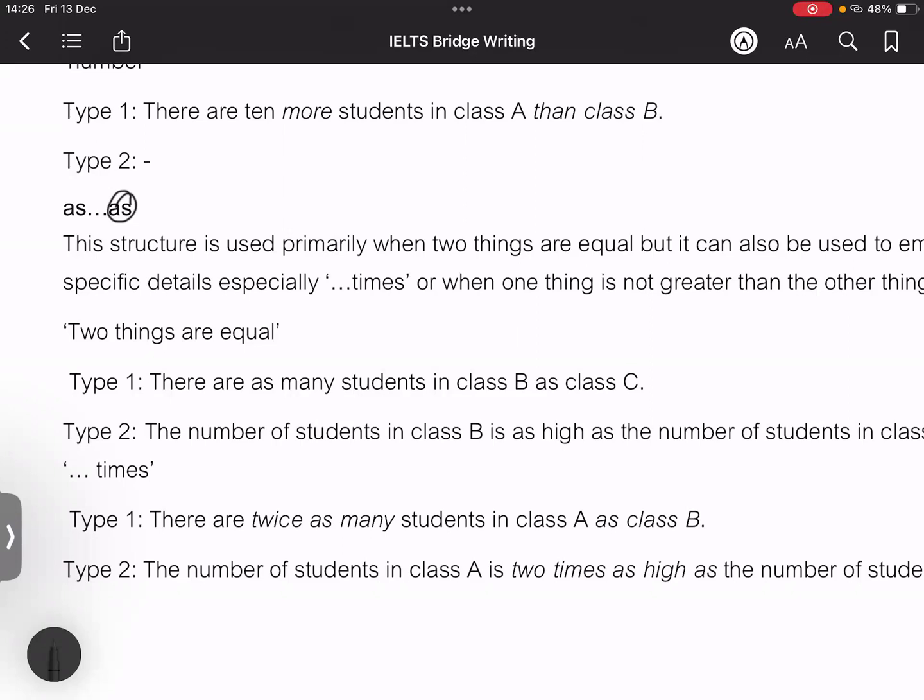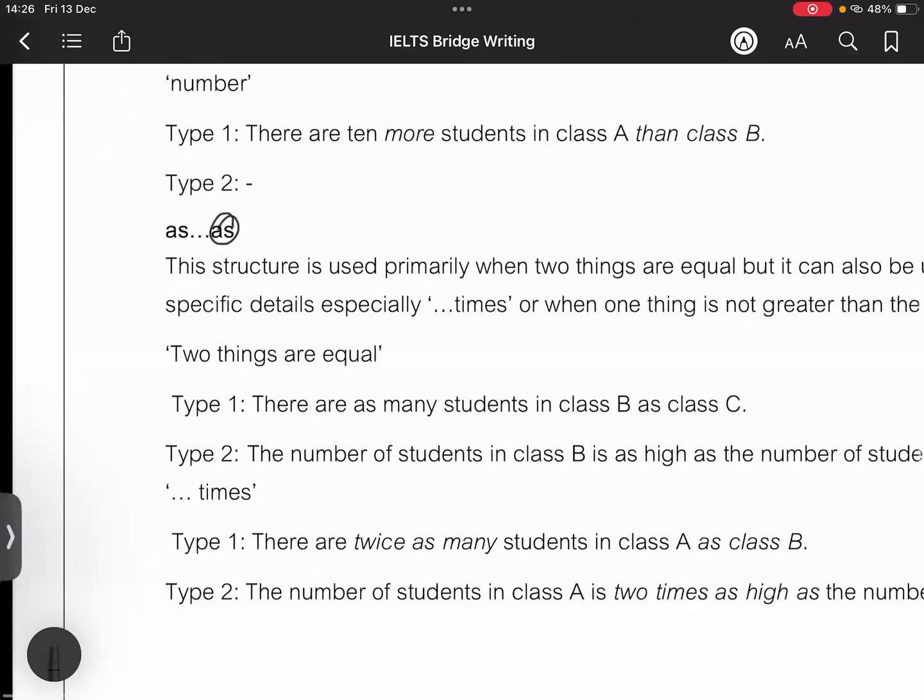So instead of saying, I am as rich as my friend is rich, I can just drop is rich. So I can just say, I am as rich as my friend. Full stop. Okay? Easy? Easy. Let's move on.